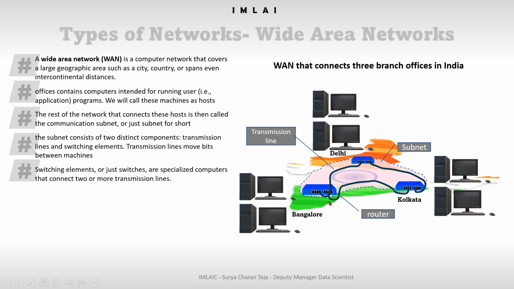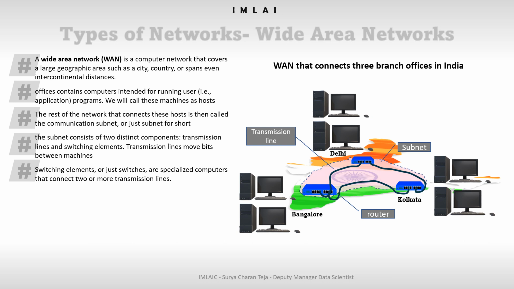These are the switching elements, or just switches, specialized computers that connect two or more transmission lines. What is a switch? A switch is a specialized computer that connects two or more transmission lines. The transmission line which has come from Delhi to Bengaluru, and the transmission line which is going from Bengaluru to Kolkata, are connected using a switch or router at Bengaluru.